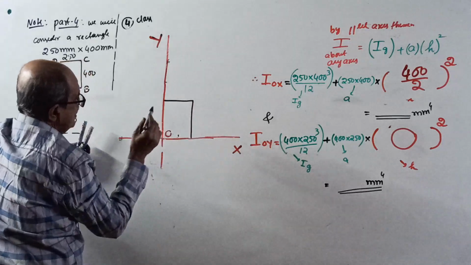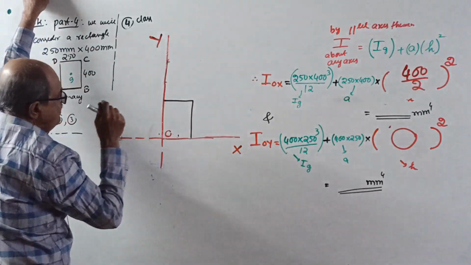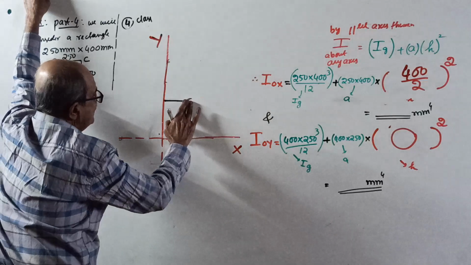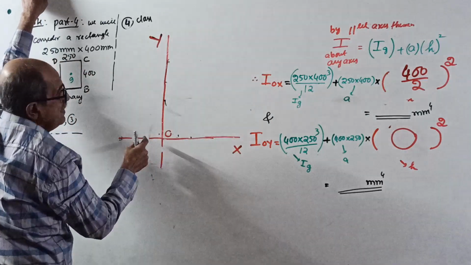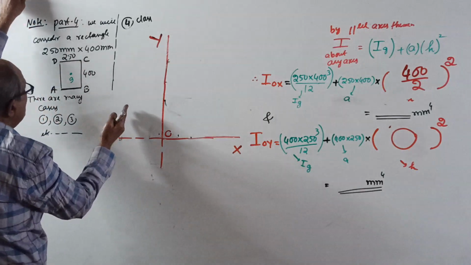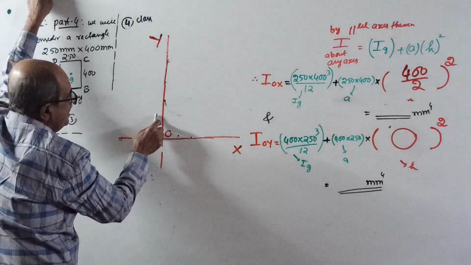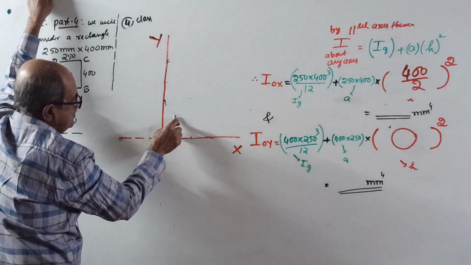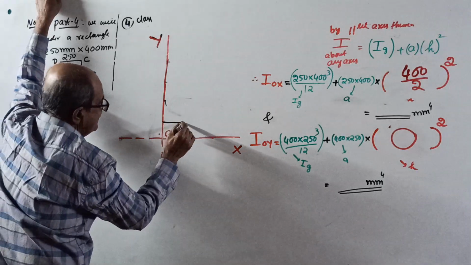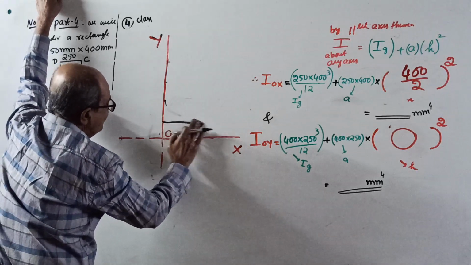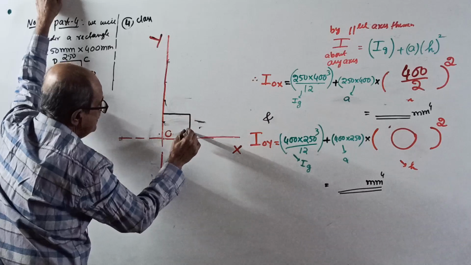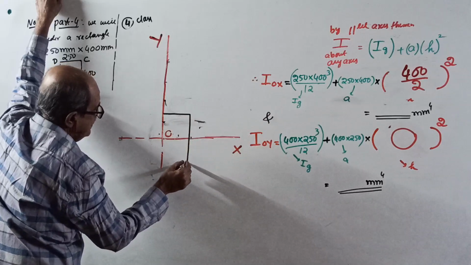Last time how I placed it, I forgot. See, for I about OX I got 250 square, means this way. I will change it, don't worry. There may be confusion for question number 4. This way, see here, correct, clear.